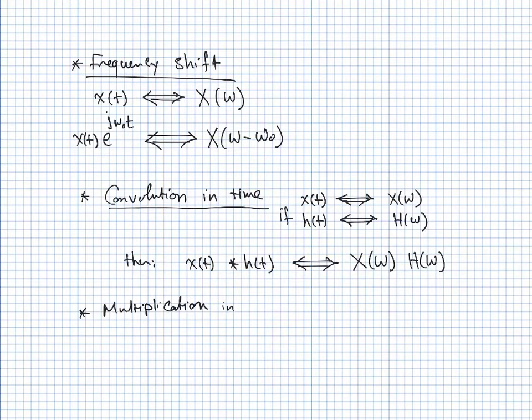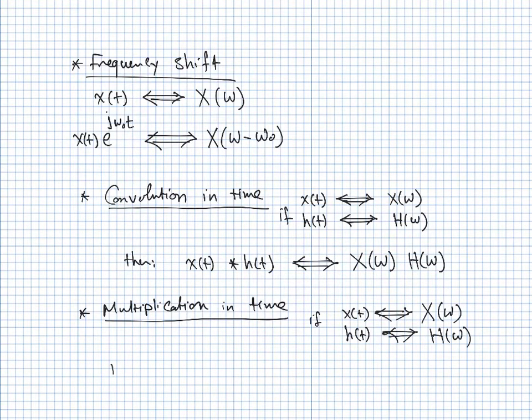Multiplication in time. Right. Again, if I have x of t, which has a Fourier transform capital X of omega, and I have h of t, which has a Fourier transform capital H of omega, then if I have in time x of t multiplied by h of t, for some reason or the other, I'm multiplying two signals, or I have the time representation of a system in terms of the operation that it does rather than in terms of its impulse response, so whatever.